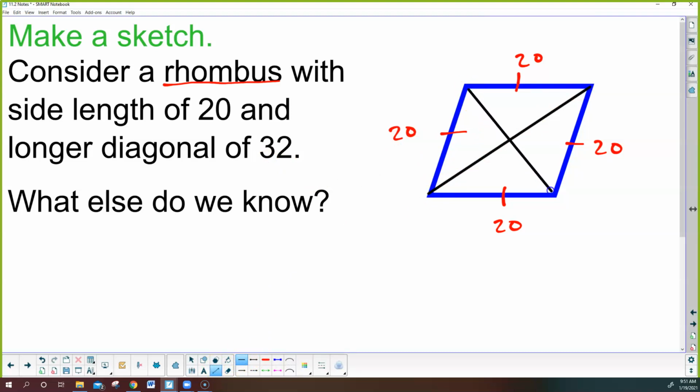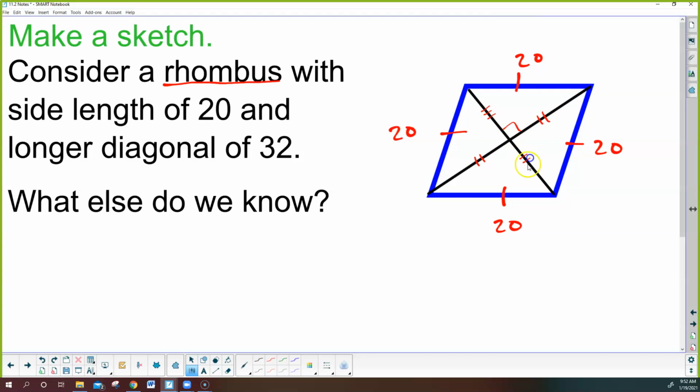that because it's a rhombus, the other diagonal is perpendicular to the other diagonal. So we know that we have perpendicular diagonals, and the fact that this is a parallelogram, we know diagonals bisect.